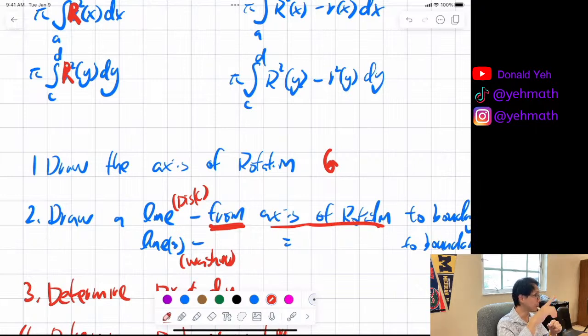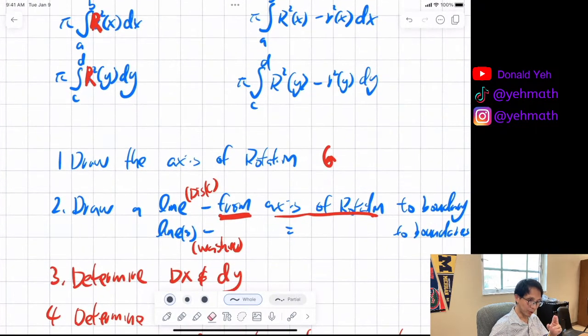Either you draw one line or two lines, because you draw the boundary. Sometimes you get one boundary, sometimes you get two boundaries. If you get a second boundary, that means you have a washer. If you have one boundary, then you have a disk. So you have one bound or two bounds. Two bounds usually means a washer for me.